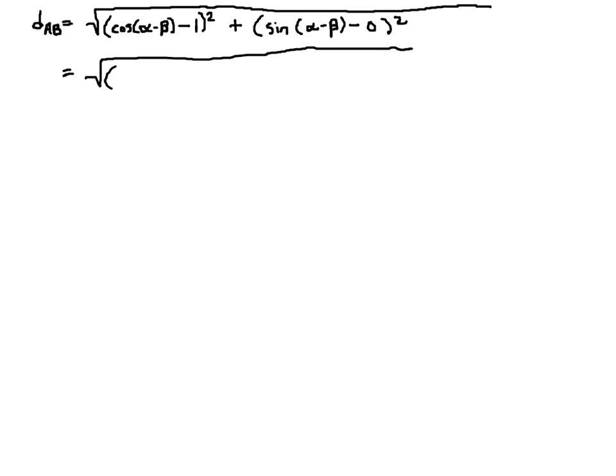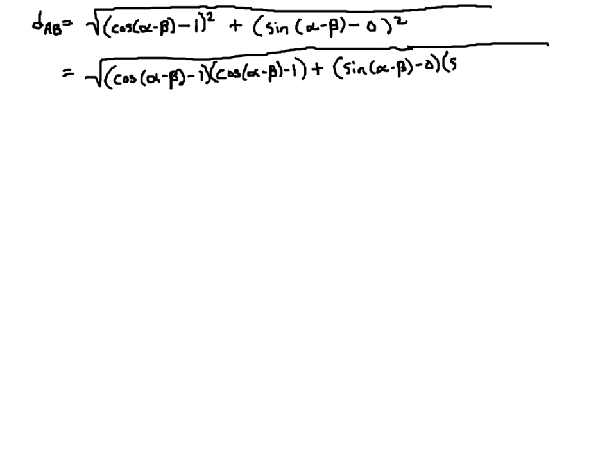So I'm just going to write it so I can do my distribution. So this is cosine alpha minus beta minus 1 times cosine alpha minus beta minus 1 plus sine alpha minus beta minus 0 times sine alpha minus beta minus 0.